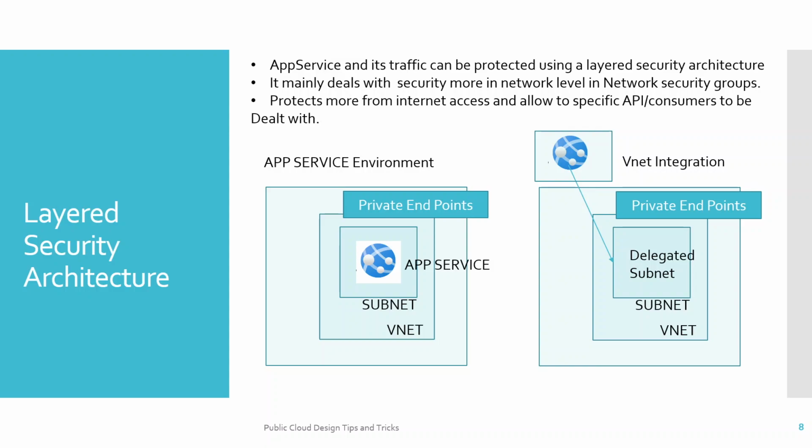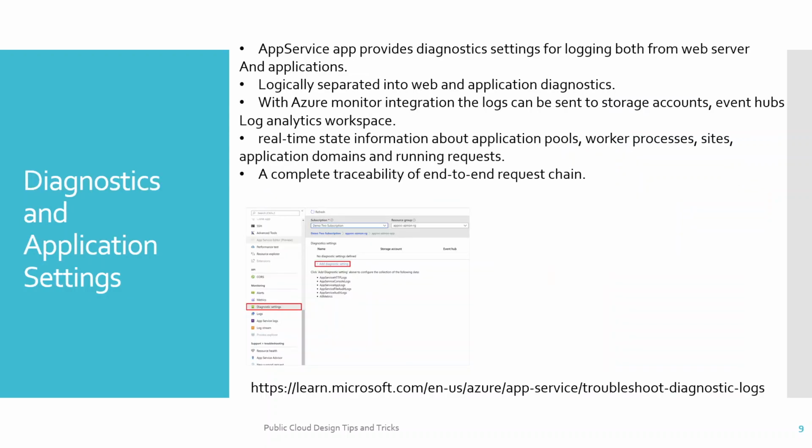I have just given you two examples to show what a layered security architecture is. Layered security architecture is nothing but the network security group that you are using to control the traffic to or from the App Service. This is the example of layered security architecture.